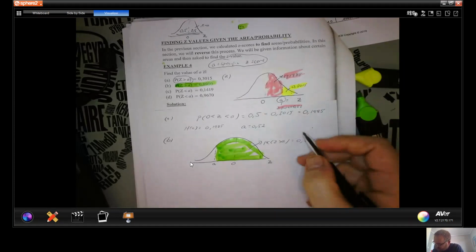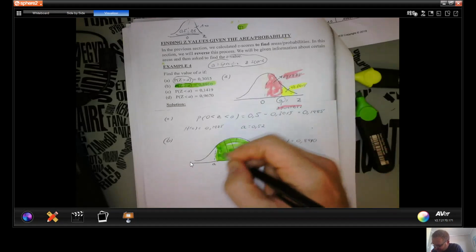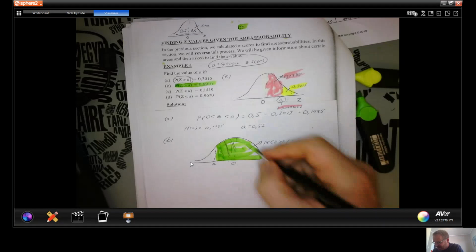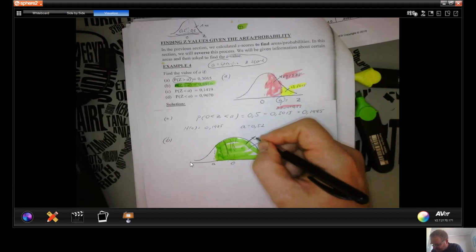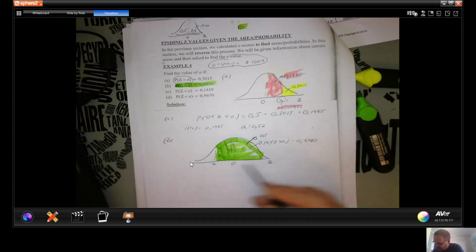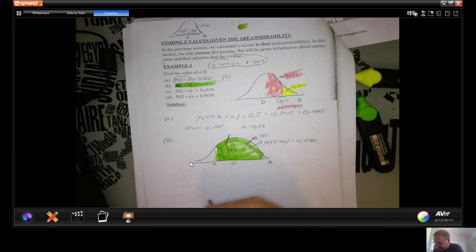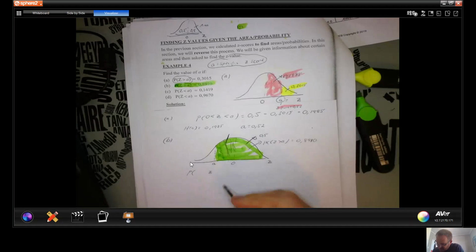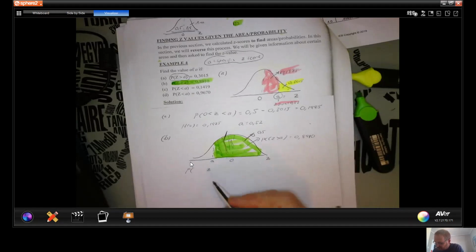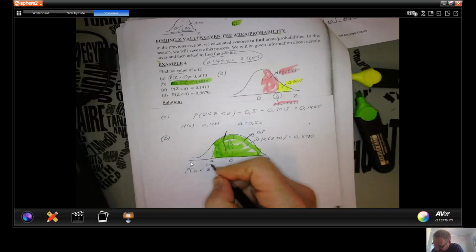How are we going to use that? The whole green area is 0.8910. And this specific area to the right of the mean is 0.5. Then this area over here must be equal to the probability that Z is less than 0 and greater than A. Remember, this is a negative value.